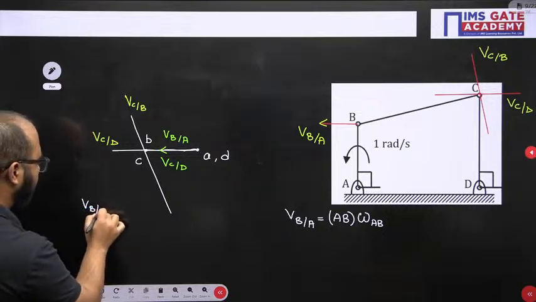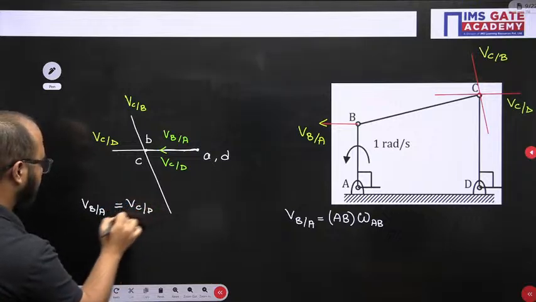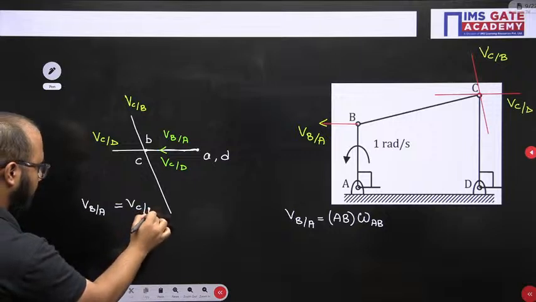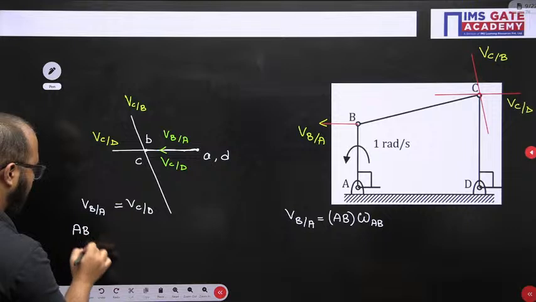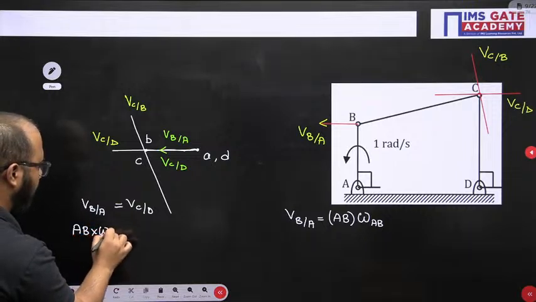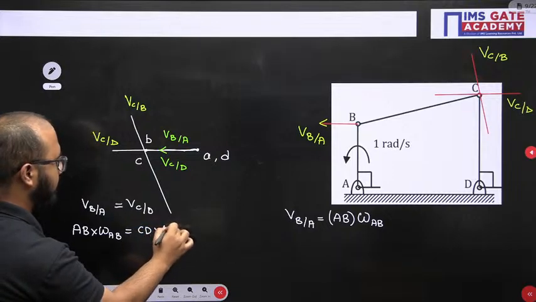B with respect to A equals C with respect to D. So AB multiplied by omega AB equals CD multiplied by omega CD.